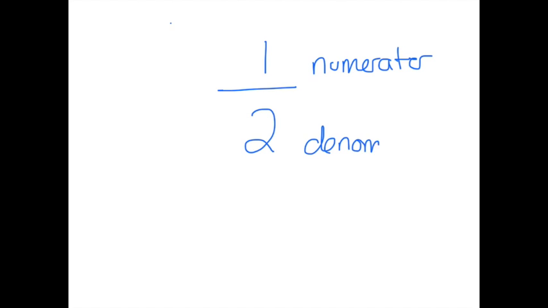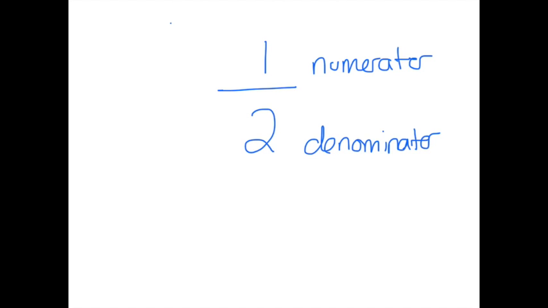So the numerator, let's just look at 1/2. The numerator and denominator. If there are some misspellings there, I apologize. The numerator is the number on top. And typically speaking, in a normal fraction, it is the smaller number.